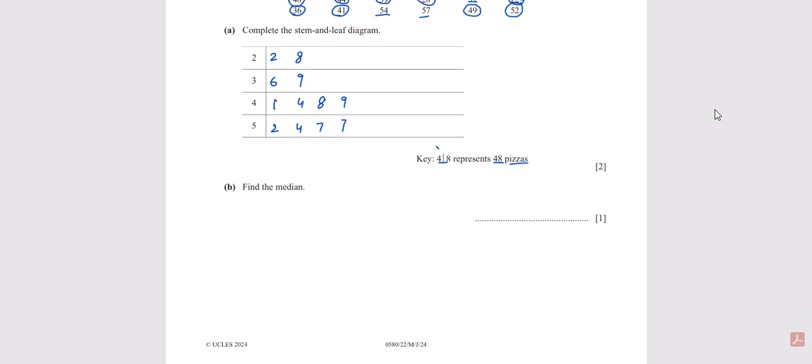Find the median. To find the median, we arrange all the numbers.